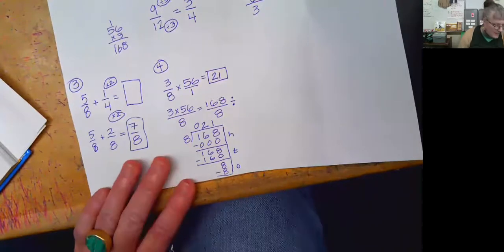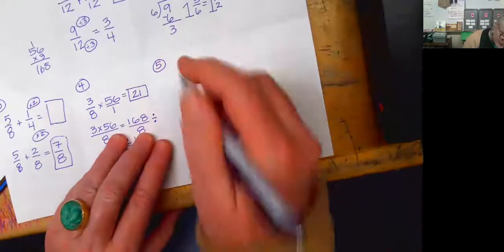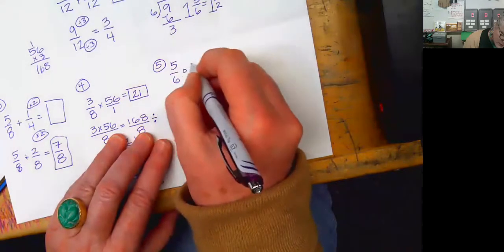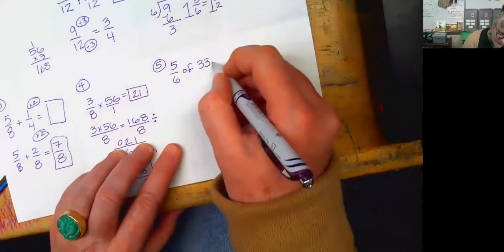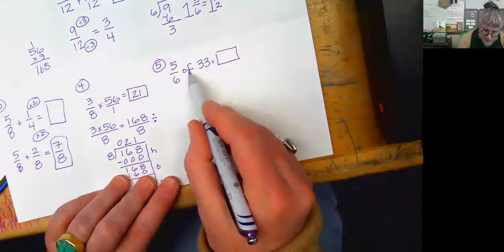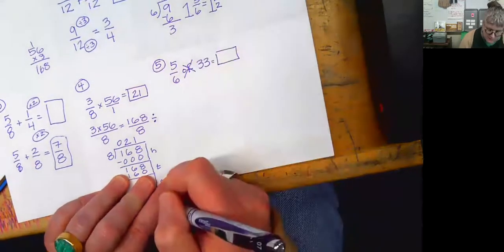Okay. All right, let's look at number 5. Number 5 is 5/6 of 33. So remember that when we see the word of, that's the same thing as times, right?